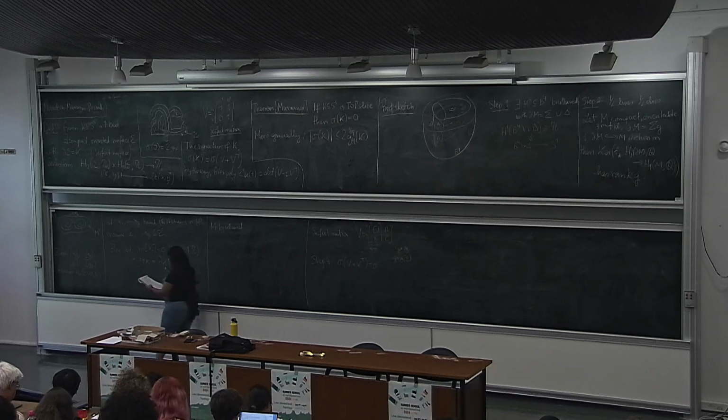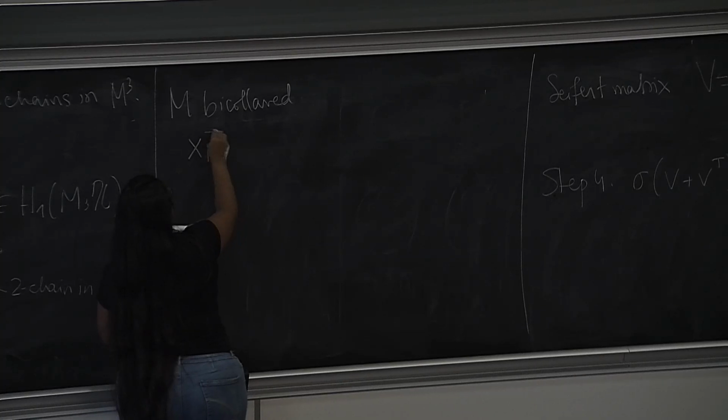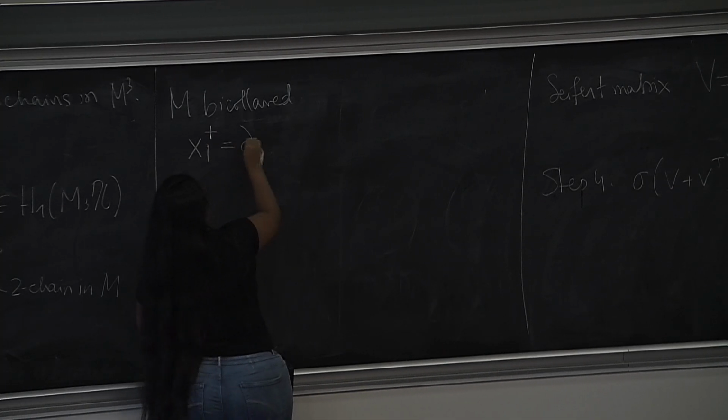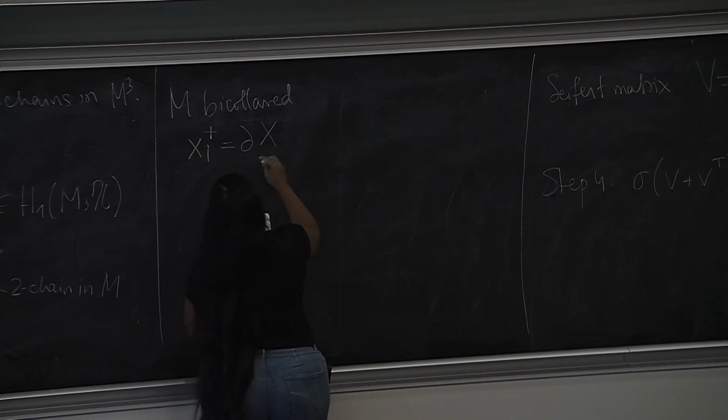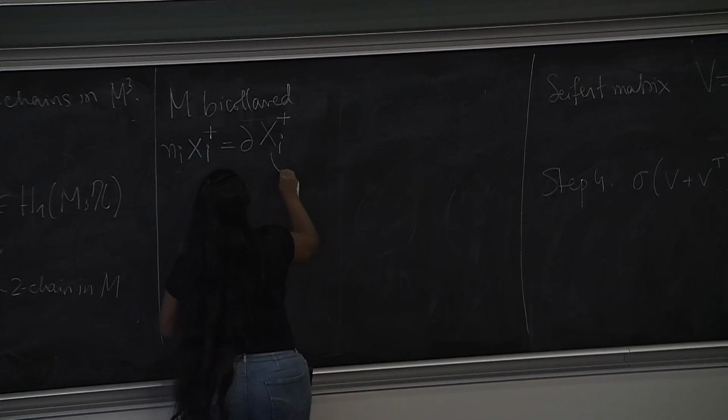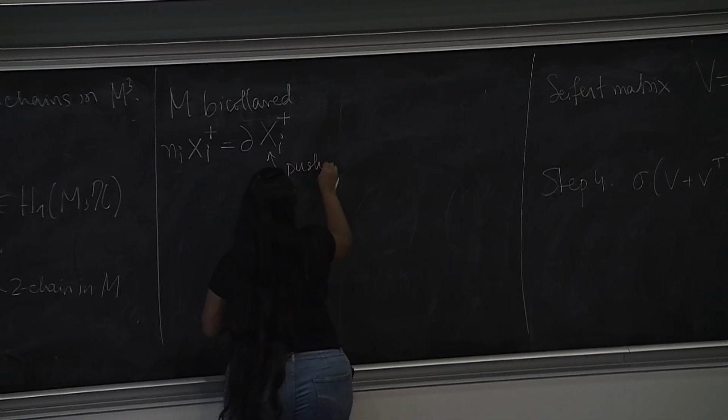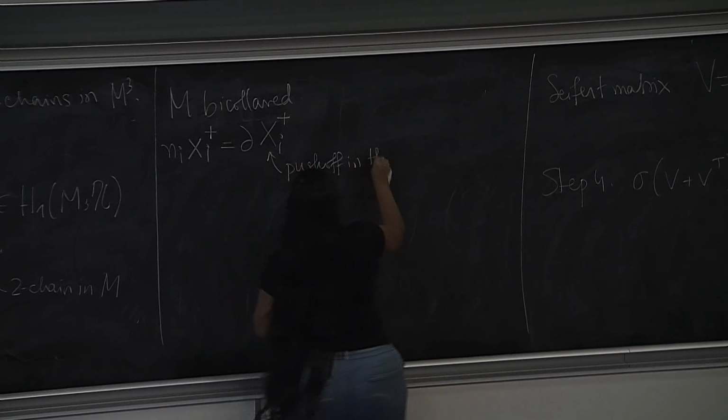Okay? So in particular, this means that I can take xi plus, and ni xi plus is equal to the boundary of this thing, where this is a push-off in the bicolor direction.